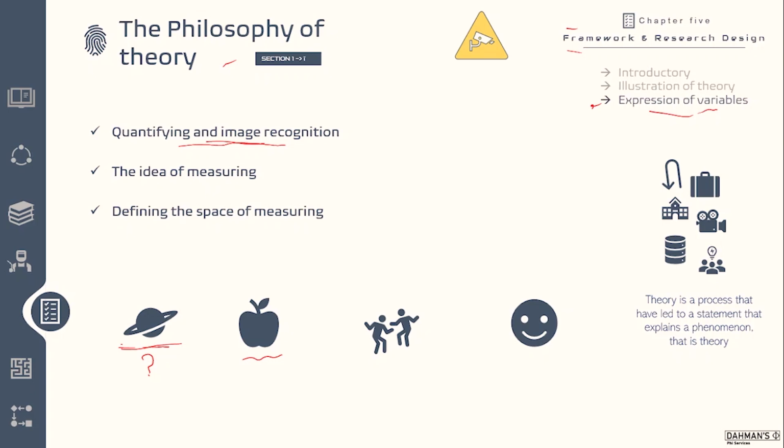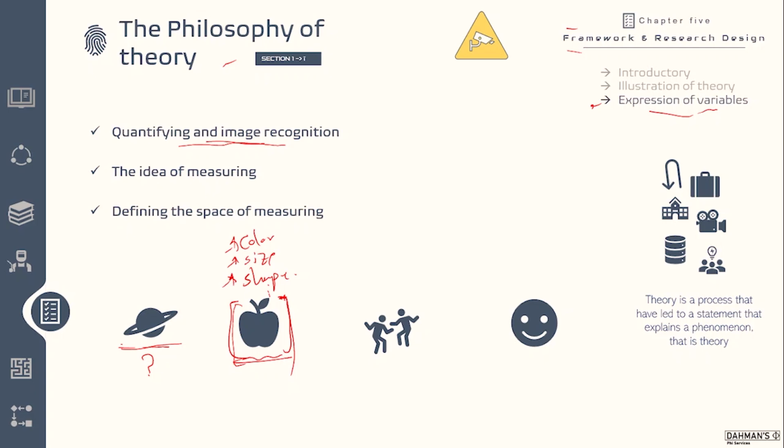Now the idea of measuring the apple might vary. If you want to measure the apple, you might come up with certain, I will call them for now, kinds of variables. Maybe you will measure the apple in terms of its color, maybe its size, maybe its shape, etc. So it doesn't really matter the number of factors or variables that you use to define the apple, but we know the mental image for you and I, the apple is apple.